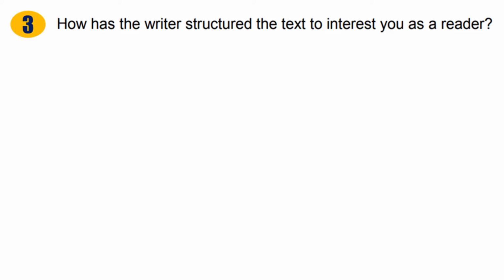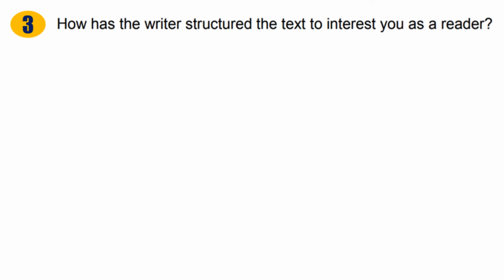So in the same way when you wrote a question 5 description and we said let's decide what we're going to put in each of the 3 paragraphs, in the same way you're being invited to say how has this writer organised their information into paragraphs, and why might that interest somebody reading it.